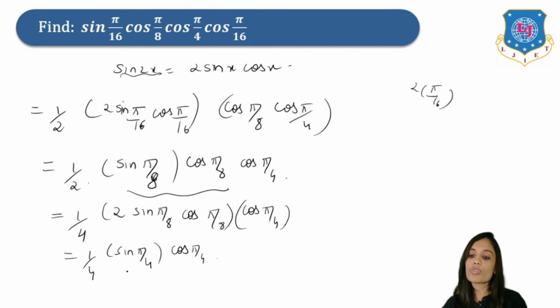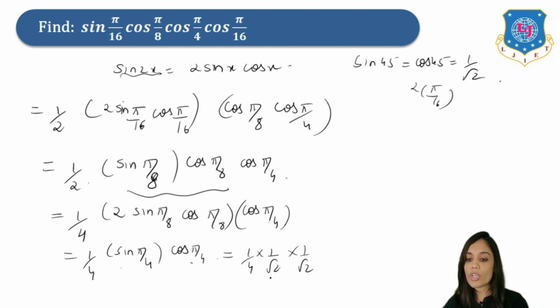Now what we will do, just put the values of sine pi by 4 and cos pi by 4. We know that sine 45 and cos 45 both are 1 upon root 2. So 1 upon 4 into 1 upon root 2 into 1 upon root 2. Now root 2 into root 2 will give 2. So the final answer of our example is 1 upon 8.